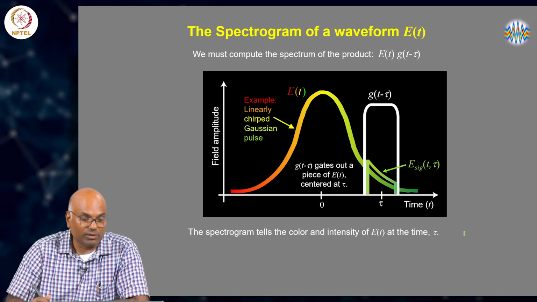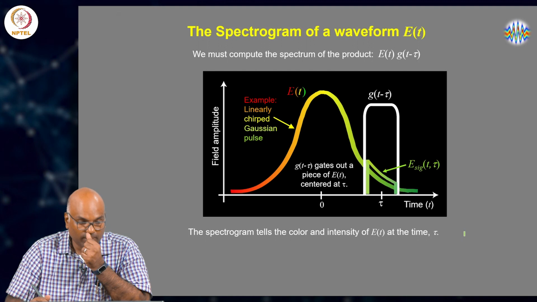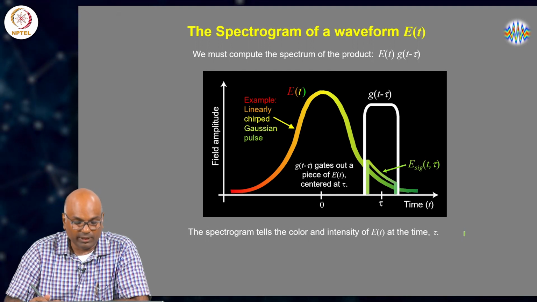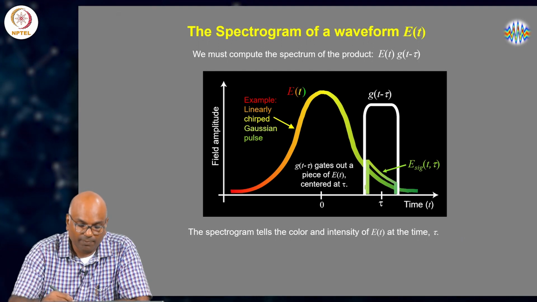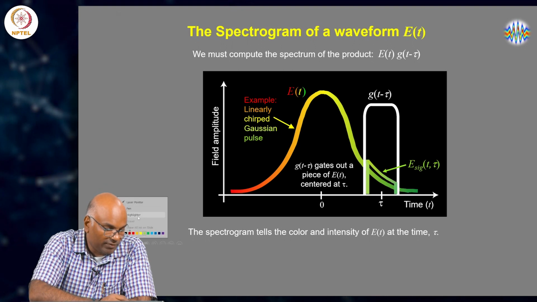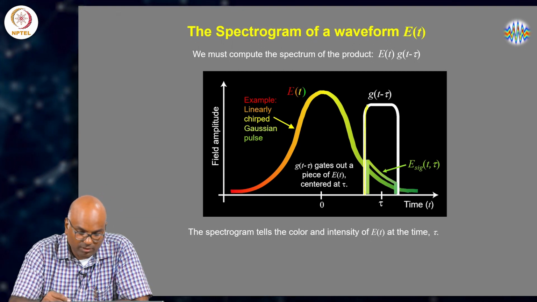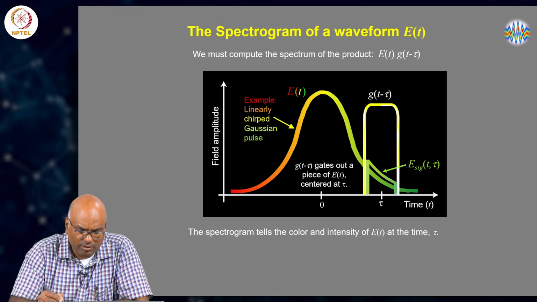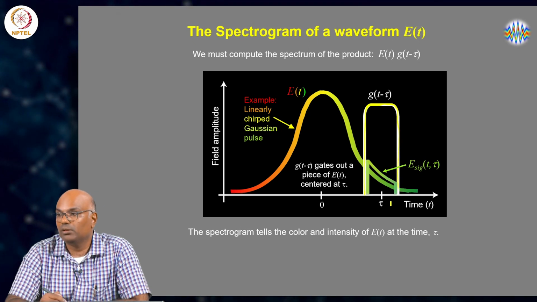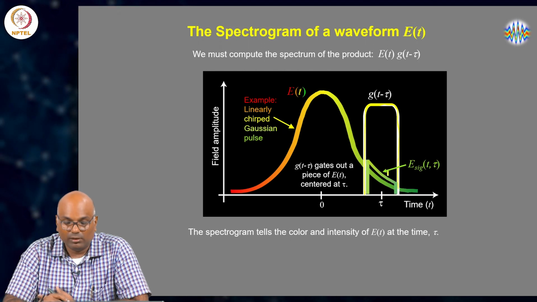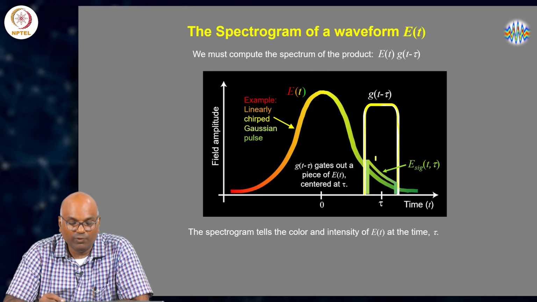The process of building the spectrogram is illustrated here. Look at the fact that we have a gate function g of t. This is a window function, a moving window.